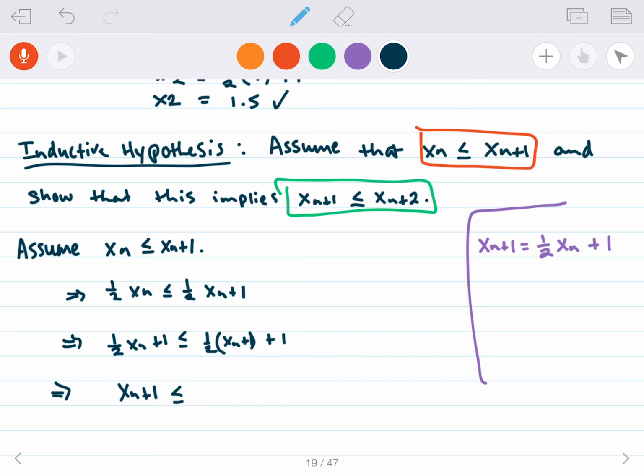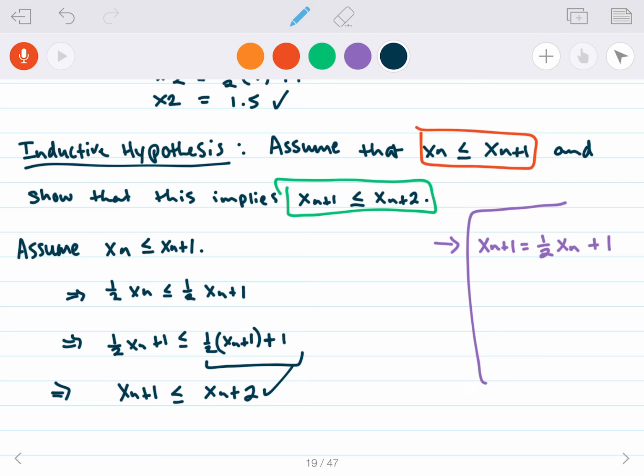And this is going to be less than or equal to, well, again, by our rule, let me write this a little bit better. So again, by our rule here in purple, a half times x sub n plus 1 is going to be x sub n plus 2, right? Because if this is n plus 1, this thing has to be n plus 2. So this is going to be x sub n plus 2.